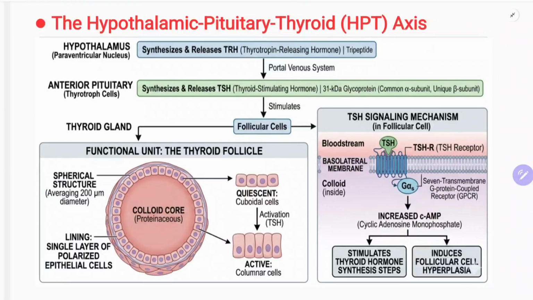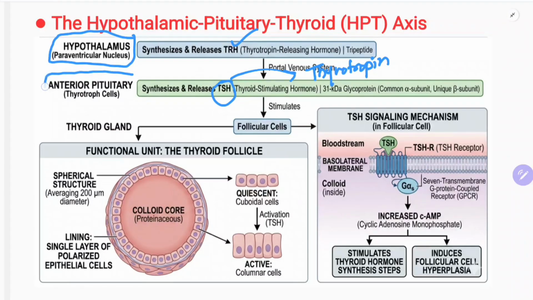From the hypothalamus there is synthesis of thyrotropin releasing hormone. Remember, the other name for TSH is thyrotropin. That means TSH releasing hormone or thyrotropin releasing hormone is released from the paraventricular nucleus of the hypothalamus, that will go and act upon the anterior pituitary cells.